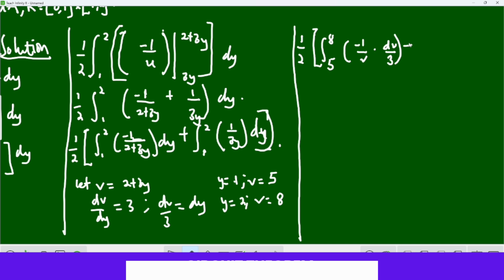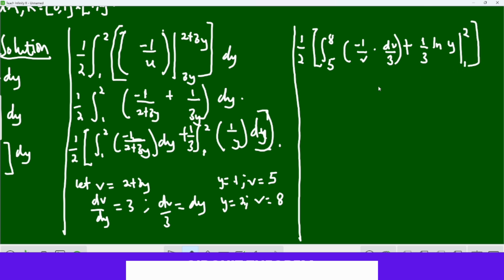All this plus, for the other one, I can just bring 1 over 3 out here. Then it becomes 1 over y. So this becomes 1 over 3 times the integral of 1 over y, and we all know the integral of 1 over y is ln y. So I have my 1 over 3 ln y, with the limits 1 to 2.